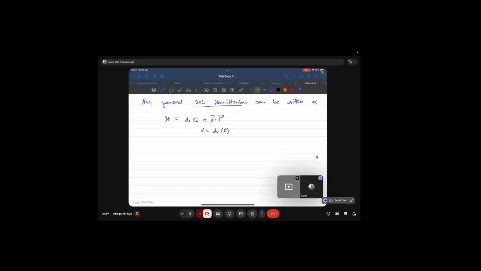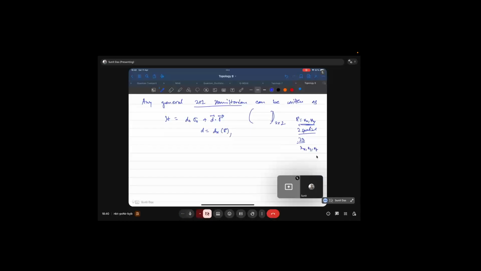So there are two things here. 2 by 2 Hamiltonian means that your matrix size is 2 by 2, and another one is if you constrain it to 2D, then your k will only be kx and ky. If you have a 3D system, three-dimensional system, then of course there will be kx, ky, and kz.